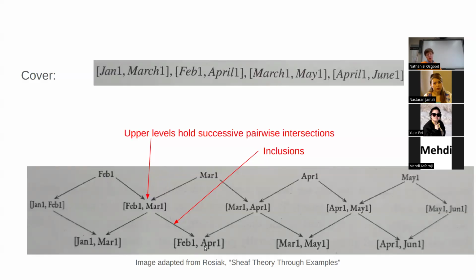Reflecting with a push out, I recognize that's newer language, but there's some overlap here. So we identify the period of overlap. I guess there's no overlap in this case between these two, February 1st to March 1st and March 1st to April 1st. But we take the push out. No, there is. March 1st is overlap. So we take the push out there.